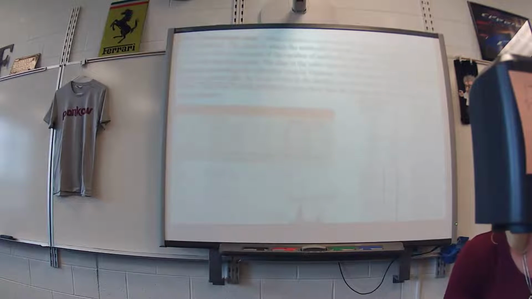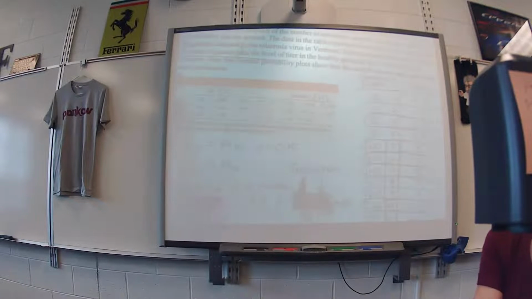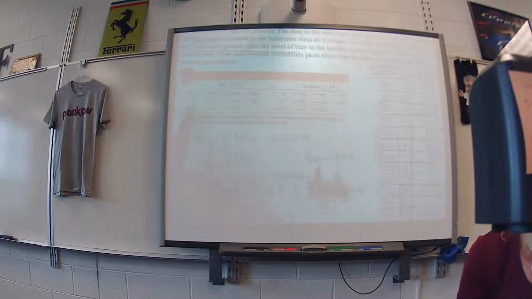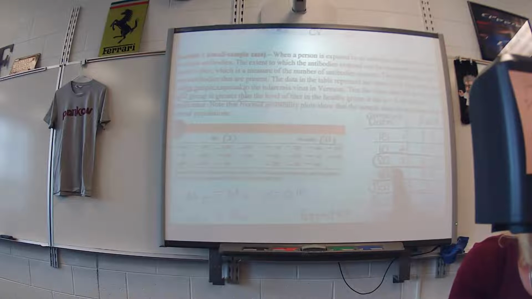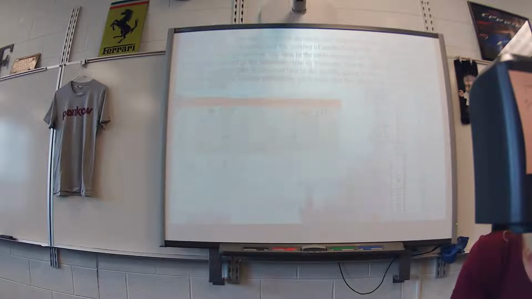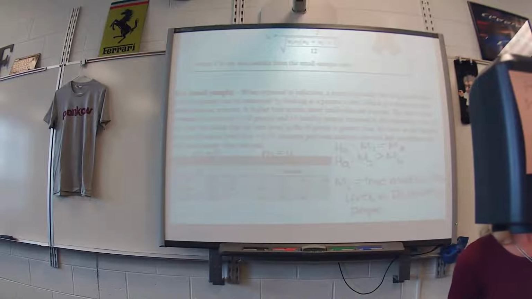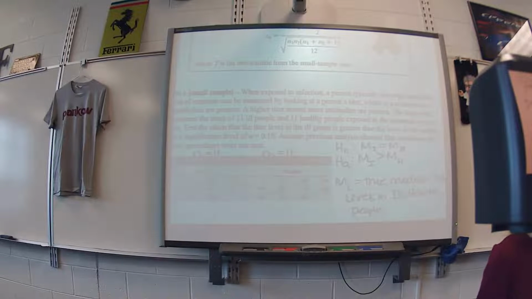So I went through and said, okay, group 1 had a 640. I circled that. Group 1 had an 80. I circled that. Group 1 had a 1280. I circled that. And I went through and circled all the values that went with the ill people.